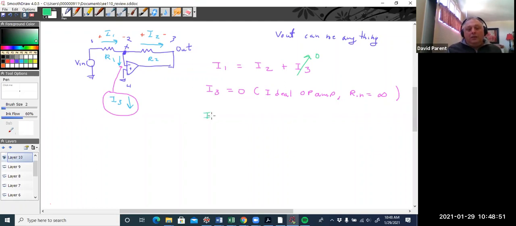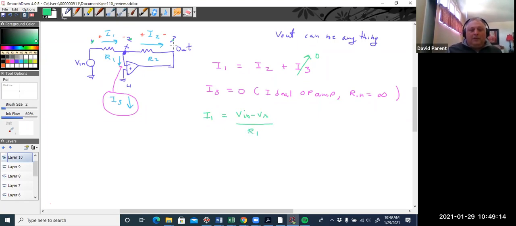So I1 is going to equal V1 minus Vx, because positive to negative, right? And that's actually V in, and it's divided by R1.